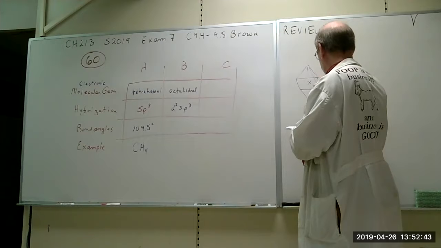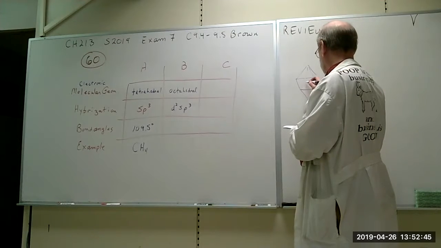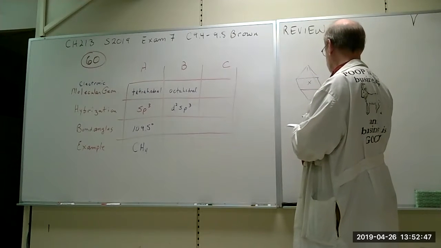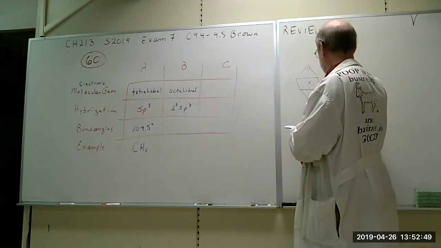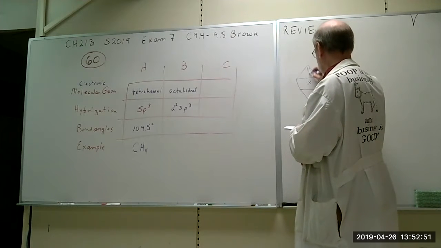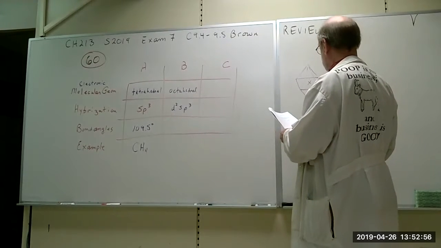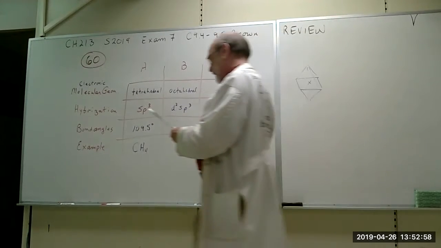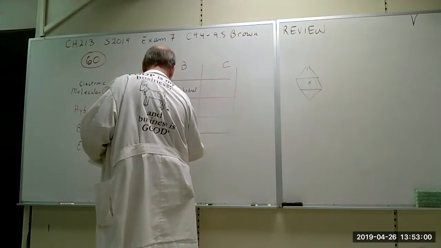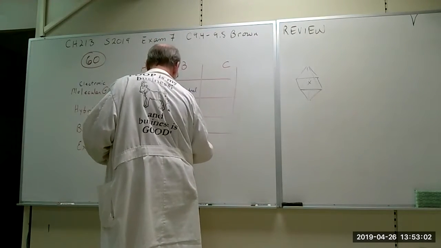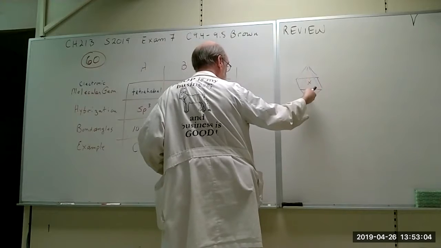Well, these bond angles are 90 degrees. Here, here, here. These bond angles are 180. Go from here to here. So we've got 2 bond angles. Most of them are 90 degrees.